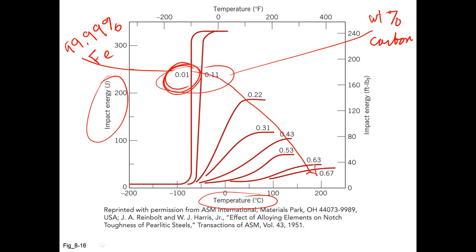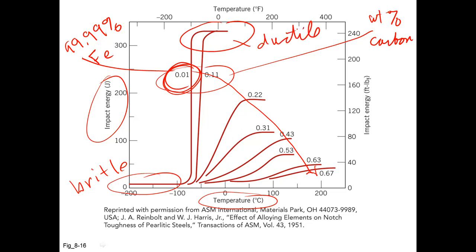And we see as we increase the percent carbon, there's a shift downward. But for these real low carbon steel samples, there is a distinct change that results in very brittle behavior at low temperatures and very ductile behavior at higher temperatures. And this is less pronounced as the percent carbon goes up.